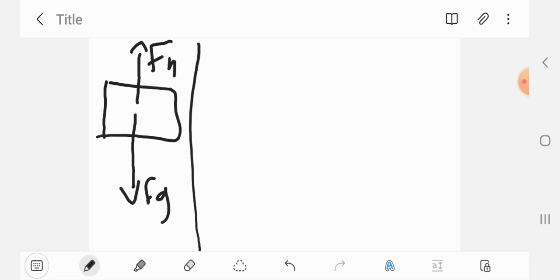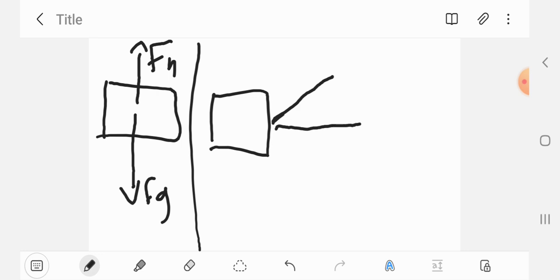And then when we have the box on a flat surface, but this box is being pulled at an angle, let's say we have 30 degrees, so it's being pulled up. We have 10 newtons there.